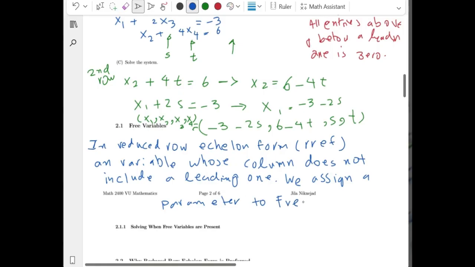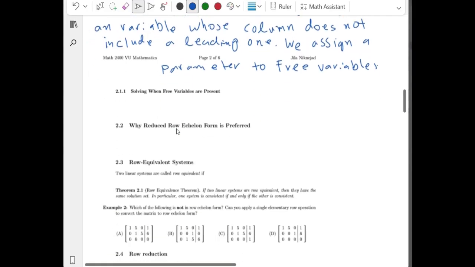So solving when you have a free variable: assign parameters and solve for the other variables, going from bottom to top.